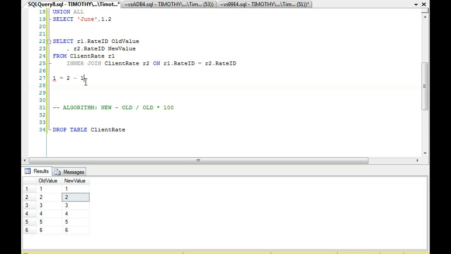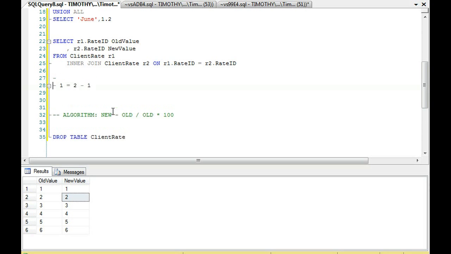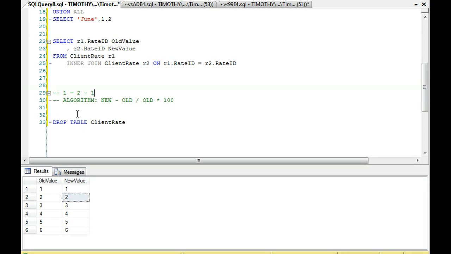We subtract 1. And this is what can be called relationship algebra. The relationship here is that when this is 1, if this is going to be 2, which is what we're trying to make it, in order for them to equal each other, we're going to subtract 1.